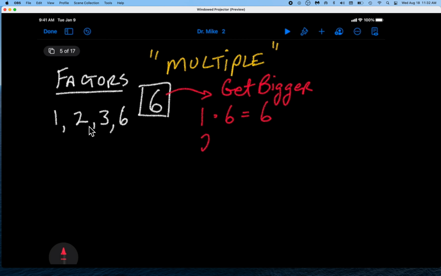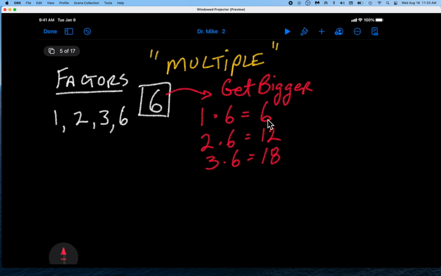We take 2, we multiply by the number in the box. We take 3, we multiply it by the number in the box. Folks, these are multiples over here. They are bigger versions of the number in the box, or equal to.